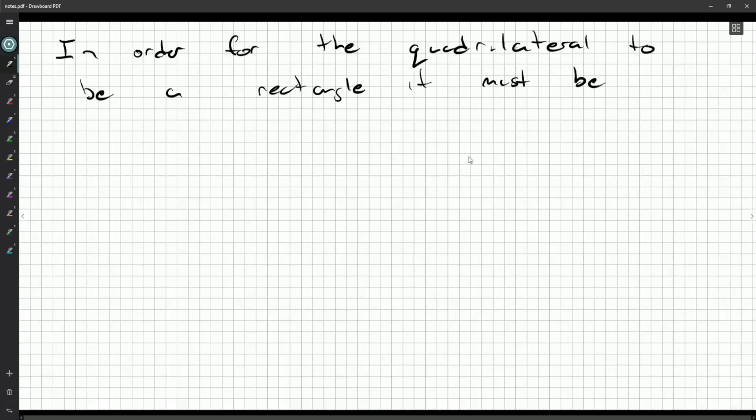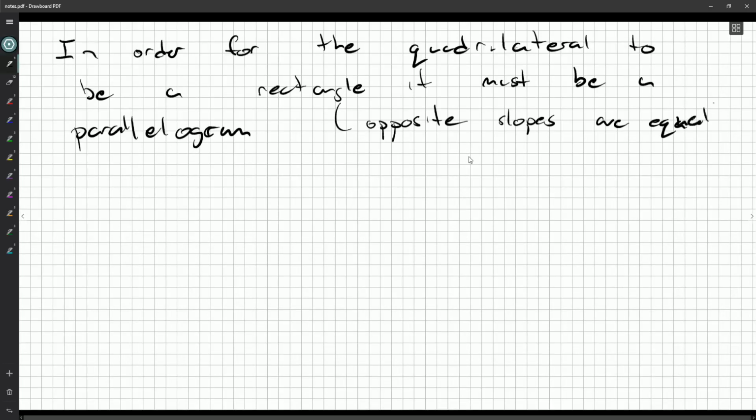it must be a parallelogram, and we'll reiterate that that means opposite slopes are equal. And you just need one right angle at that point. So we could say something like R, V4, S have a right angle.